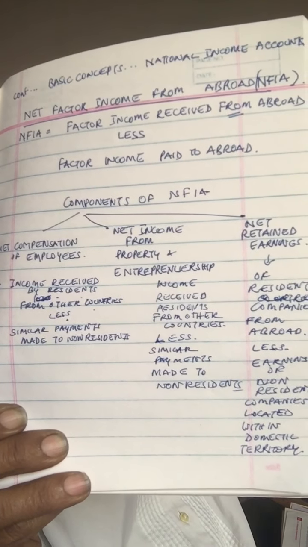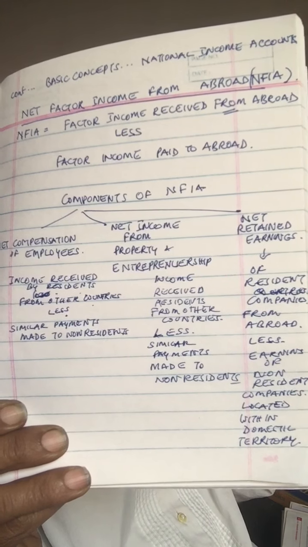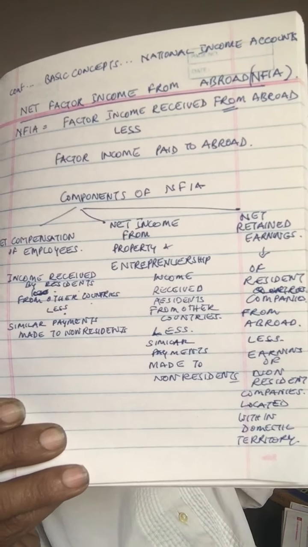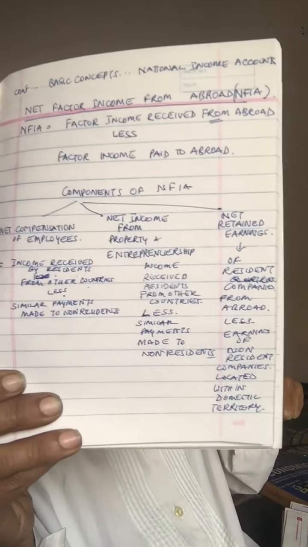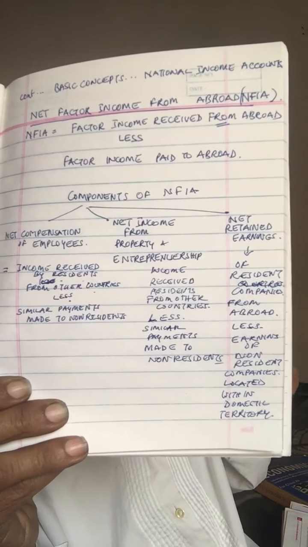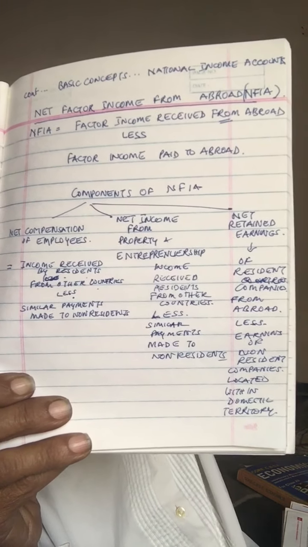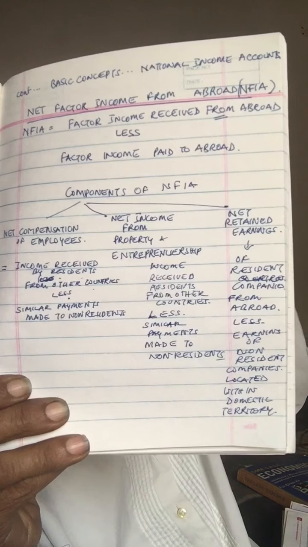The second and the third, net income from property and entrepreneurship and net retained earnings, are what we call broadly operating surplus. And compensation of employees is the wages and salaries and other such benefits.